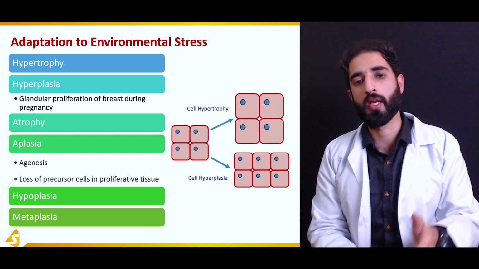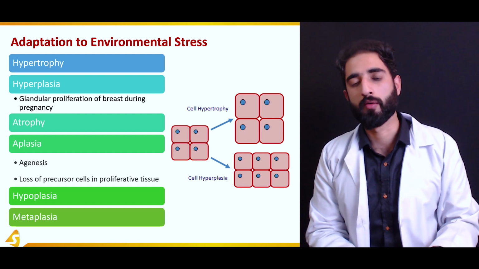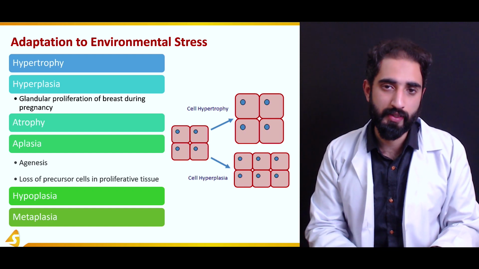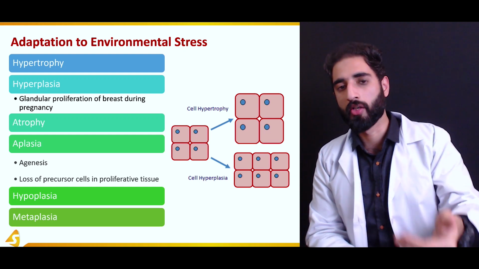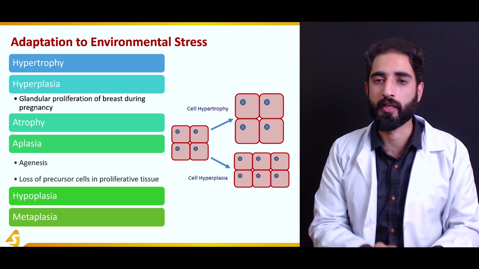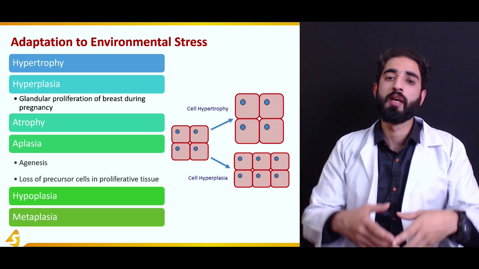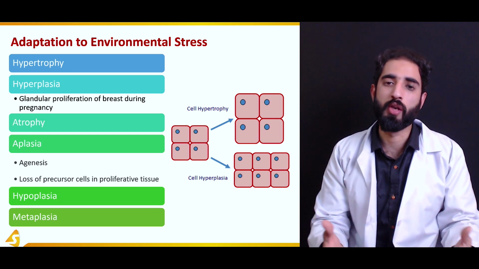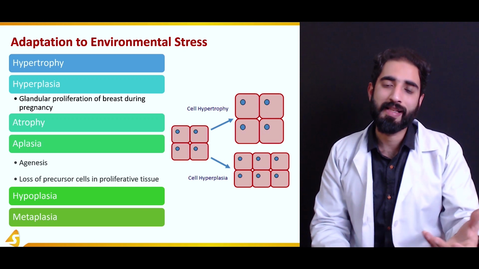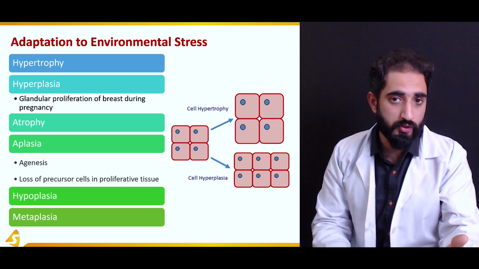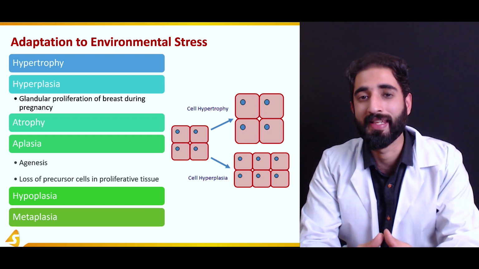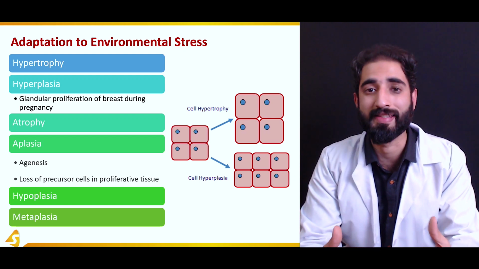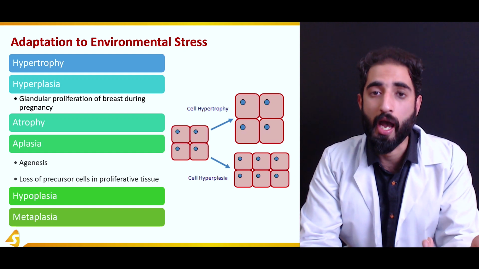If someone is training his biceps with a dumbbell or weight, a greater amount of force needs to be exerted by the biceps to carry that load. So that is actually a stress, a stimulus. What those cells do in response to that stimulus is increase their size so that they can generate greater force. That is an example of hypertrophy.